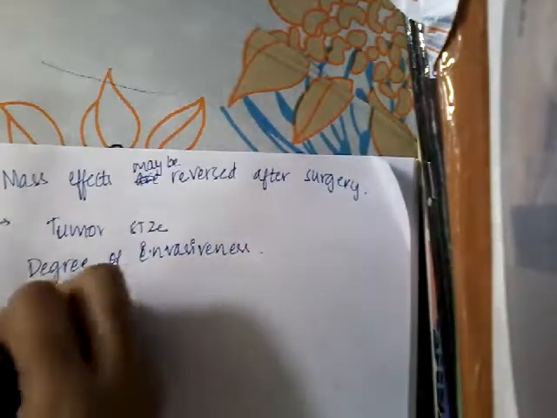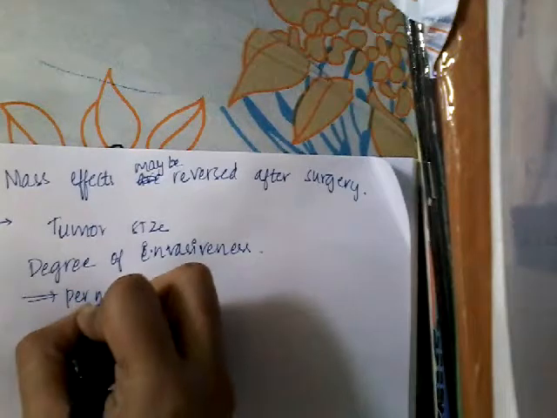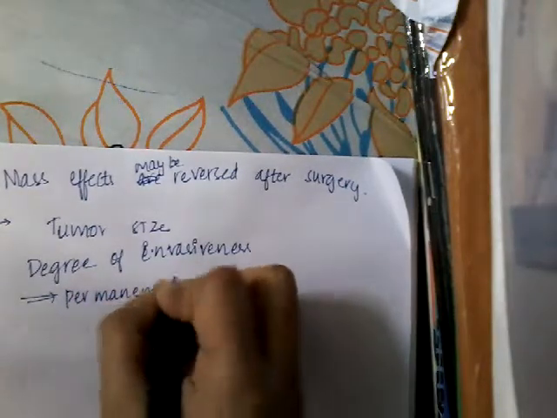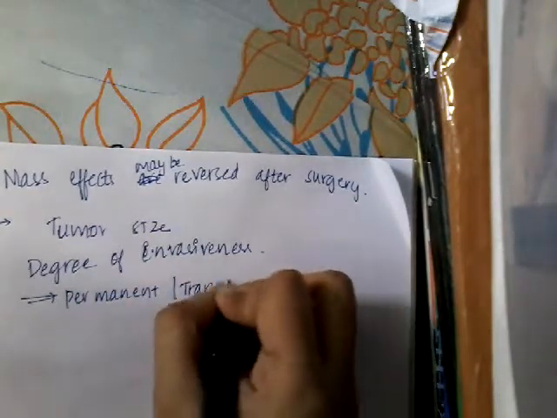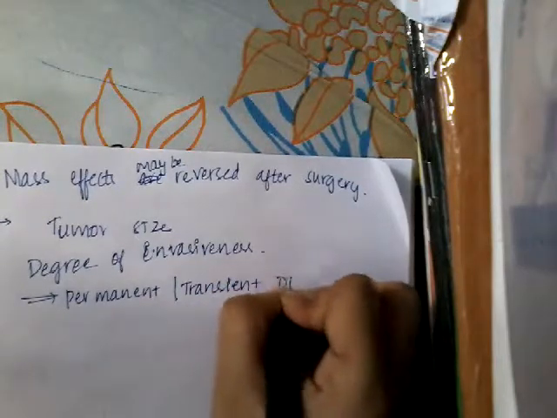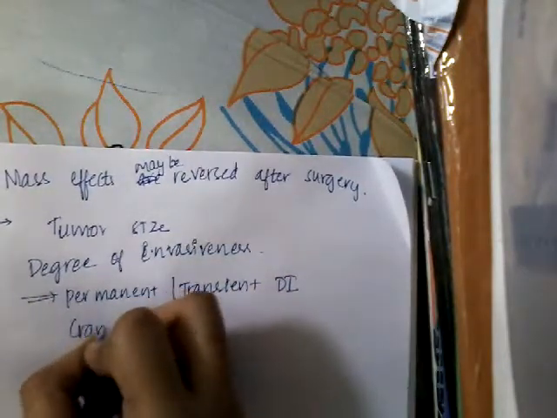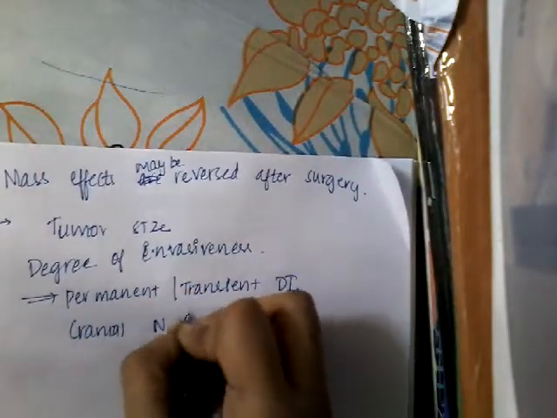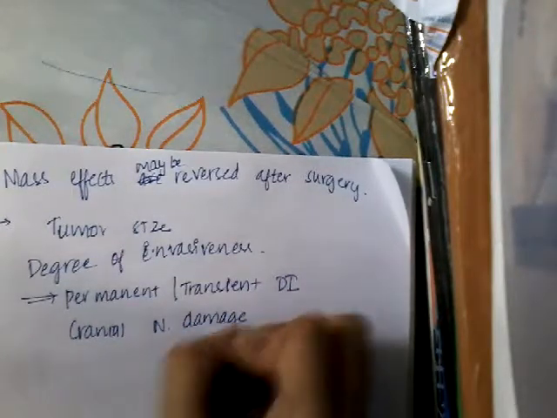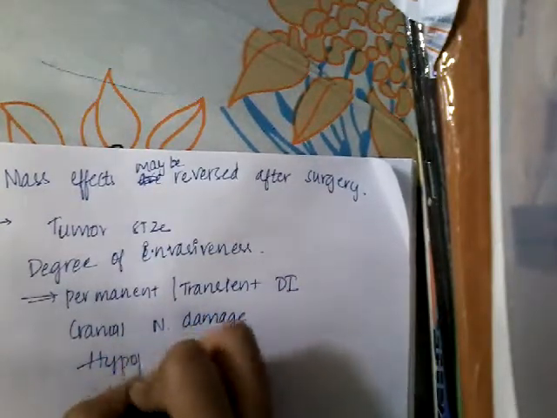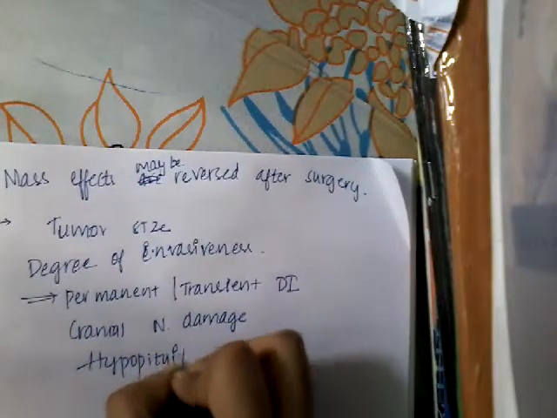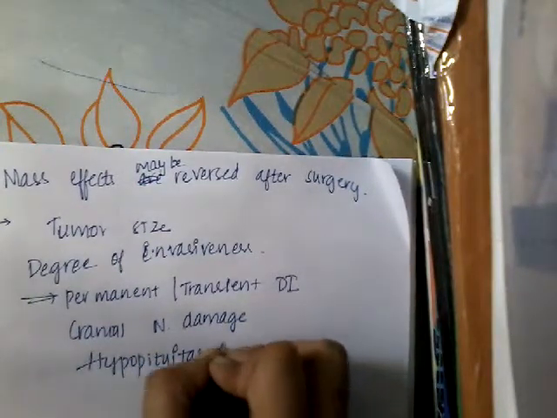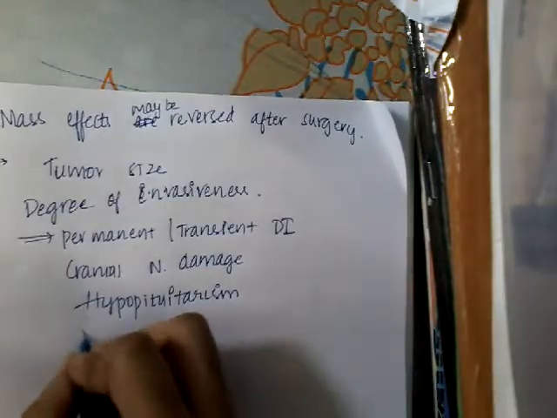The major surgical complications include permanent or transient diabetes insipidus, cranial nerve damage, and most importantly hypopituitarism, because we may remove the major part of the pituitary, so the patient may land up in hypopituitarism.